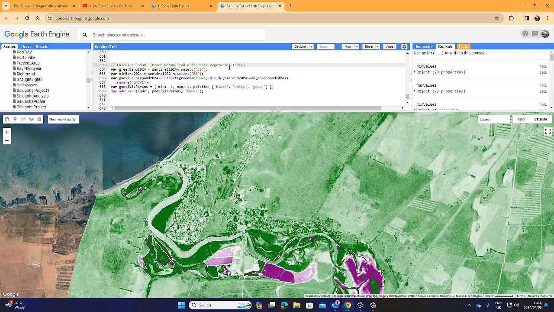So you just keep on spinning the name, changing the letters around. So this is called the green. It's the green and the near infrared, so it replaces the red, which is band 4, with the green. And it's still a normalized index.